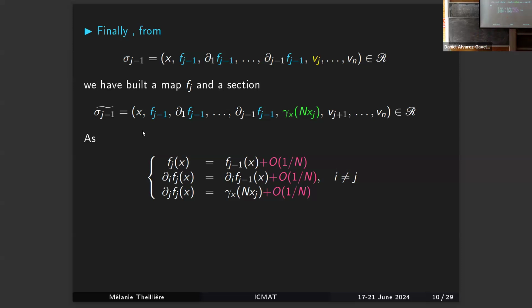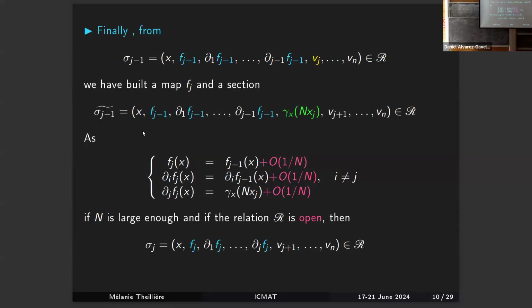So if n is large enough and if the relation is open, we can forget the error given by a big O of 1 over n. And we know that this is also a formal solution because f_{j-1} is close to f_j, so we forget the error.